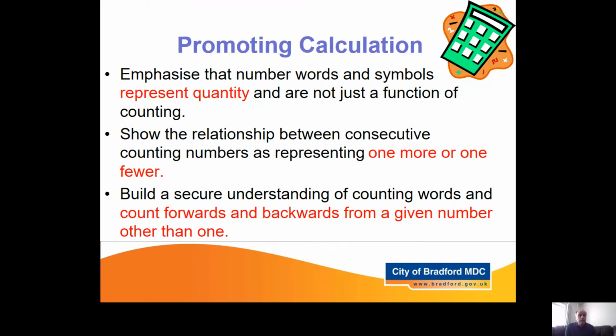Also, we're asked to promote calculation, so emphasize that number words and symbols represent quantity, showing the relationship between consecutive numbers, 1 more and 1 fewer, and building a secure understanding of counting words, counting forwards and backwards from a given number other than 1, to develop a really strong connection with the number grid system so that children can understand numbers in a concrete way and then in an abstract way as well.